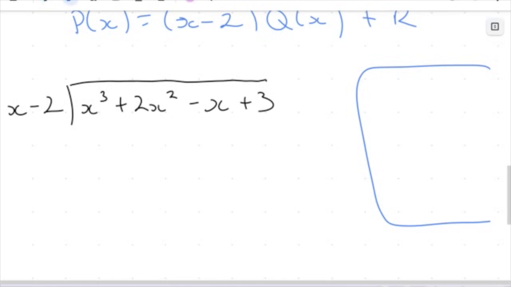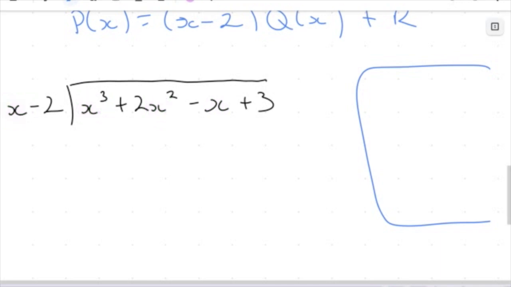Now we want to consider the fact that there is an x here, here, and here. So a lot of the dividing initially is going to be to do with these x's, which is a common factor in all of these terms.